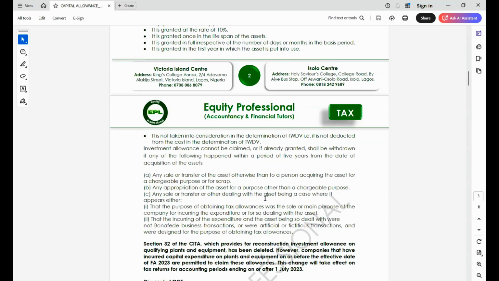That law starts from the 2023 Finance Act, which is applicable from 1st of September 2023. So any year of assessment from 2023 will not qualify for the capital allowance claim. So let us take note of that.